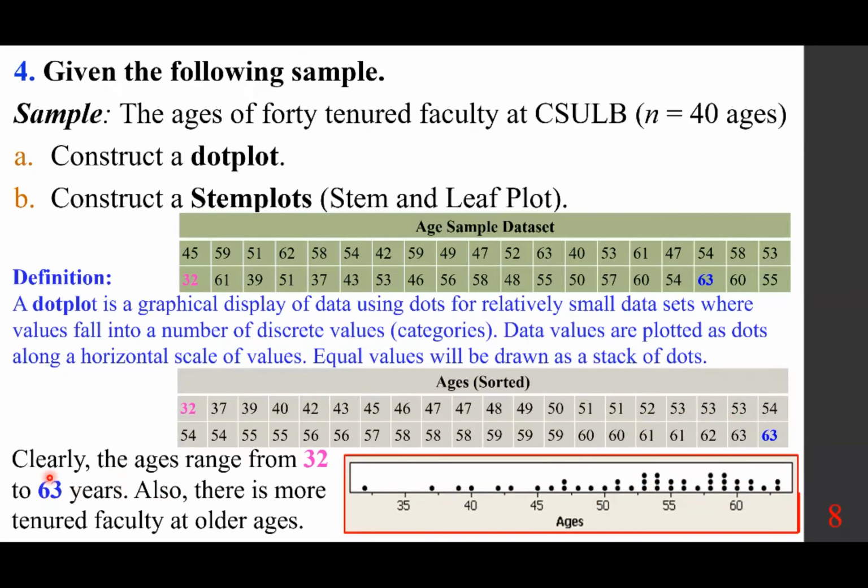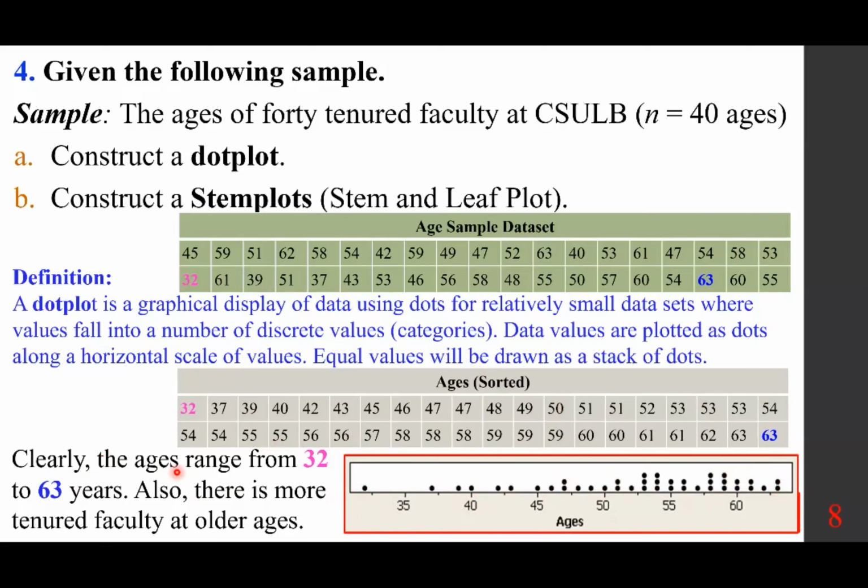What does it mean? Clearly, the ages range from the smallest value 32 to the highest value. Even if we don't have this, but we have just the dot plot, we can see the smallest is this number, we read it 32. The largest one is this number, we read it 63.